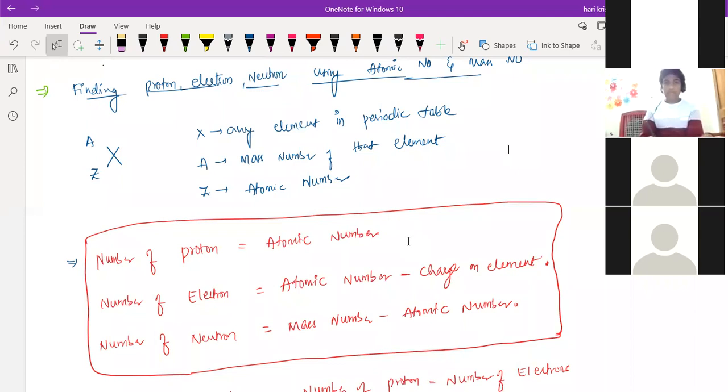Sir, the number of protons is 11 and neutrons is 12, but I'm not getting the electrons. What's the charge on the element?